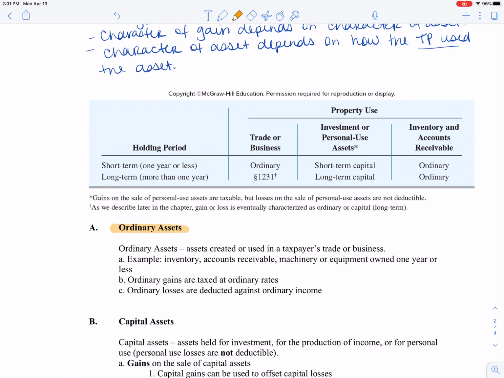Ordinary assets, we have here, here, and here, are assets created or used in a taxpayer's trade or business. So the example we're giving is inventory and accounts receivable, which we see over here, or machinery and equipment owned for 1 year or less. So that's where the short-term distinction comes in.